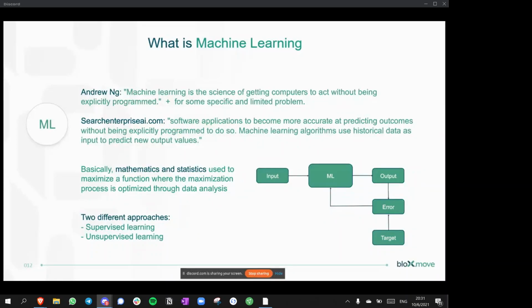And we train it by comparing the output with the real output. That means that for the first input that we are giving to the algorithm, we already know, let's say, the classification tag, or we already know what should be predicted. And we compare the actual output with the real output, called here the target.